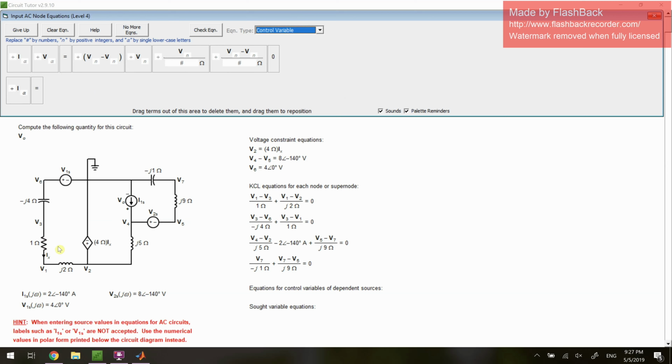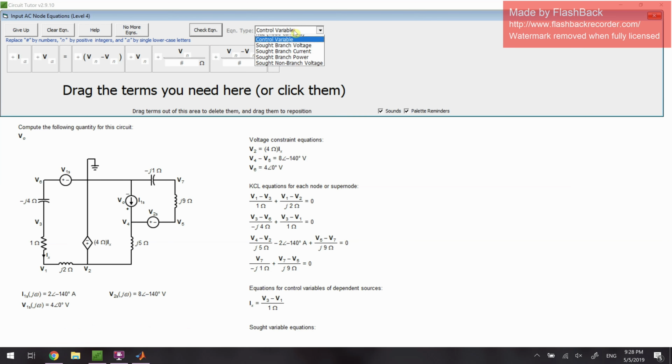We know that current enters the positive end and exits the negative end. So if it's entering in the top and exiting in the bottom, then we know that V3 is positive and V1 is negative. And of course, we have to divide by the resistance, and this will yield the current running through this branch, which is also given by Ix. So we say that V3 minus V1 over 1 ohm is equal to Ix.